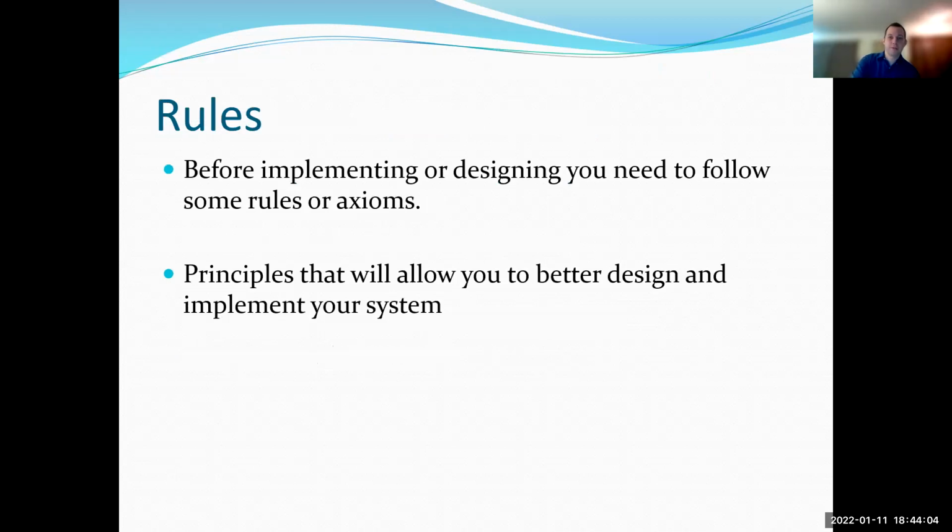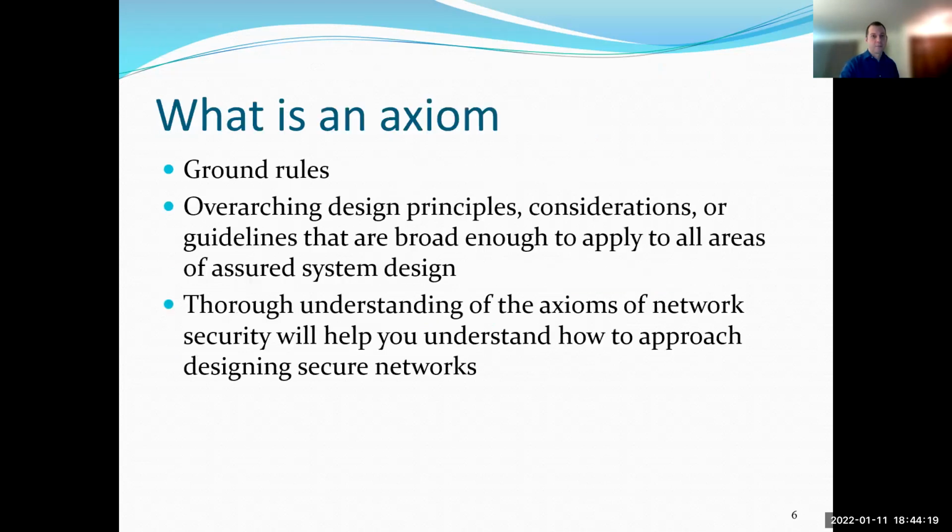So before implementing or designing, you need to follow some rules or axioms. These are basically principles that will allow you to better design and implement your system. This is not meant to be very hard. It's very simple, very intuitive ideas, but it gives us a starting point. So first of all, what is an axiom?